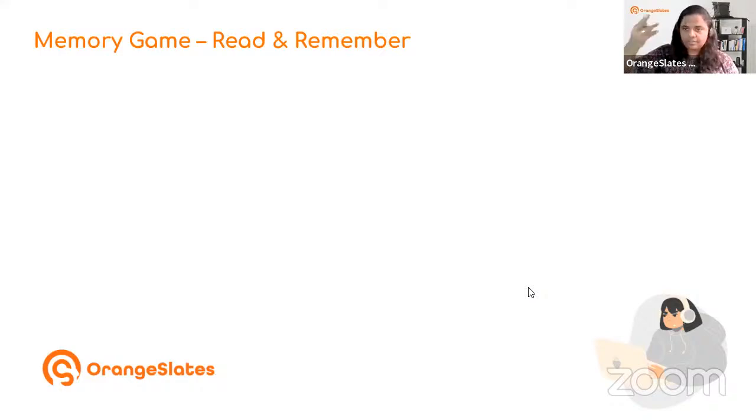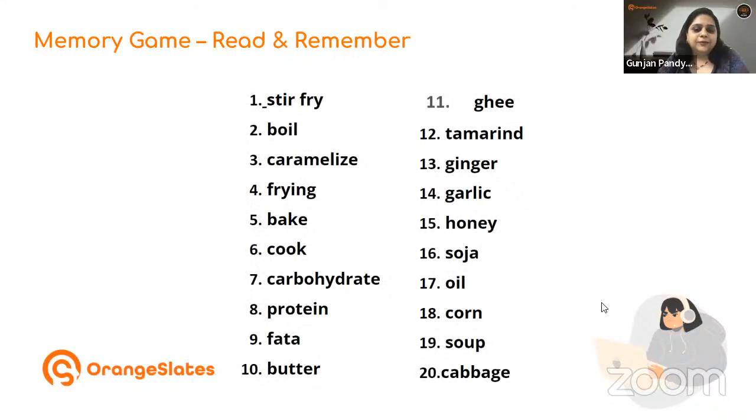I forgot the starting words only. That's okay. I think I remember 1, 3, 5, 6, 7, 8, 9, 10, 11 words. Not bad. So we had stir fry, boil, several. I could not remember that.